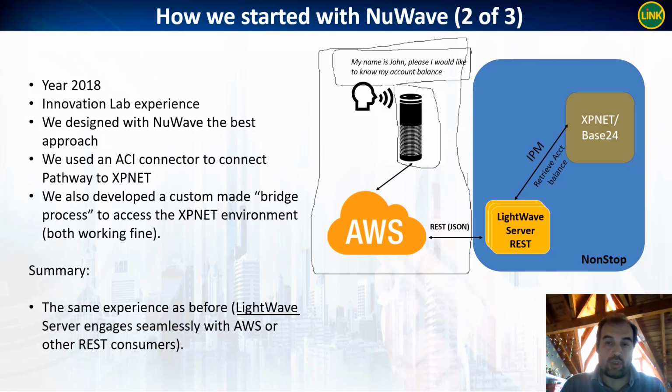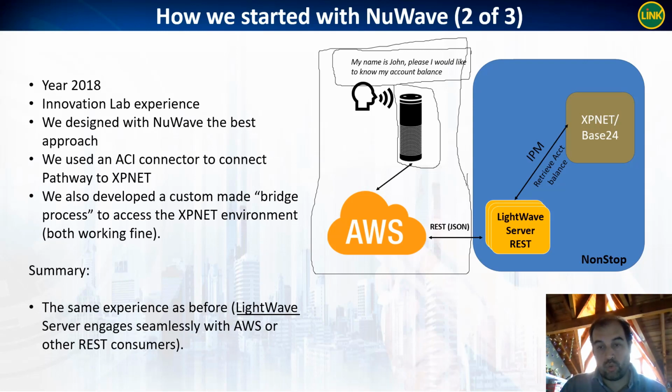So we found 2 approaches. We found a product native from ACI, called PWS, that allows you, if configured properly, to send a message to a pathway server. And if the station is configured in the correct way, you will receive that message through a station. Once inside of XPNet, you can do whatever you want to transform that message into an internal transaction.